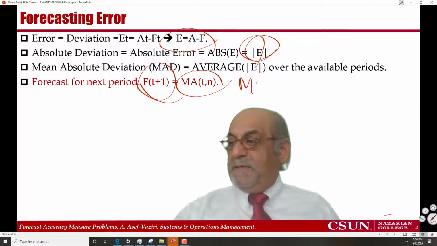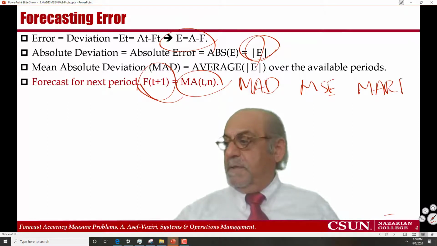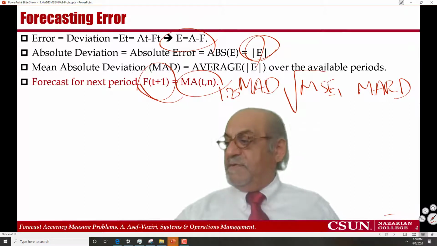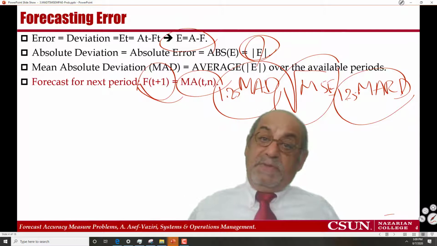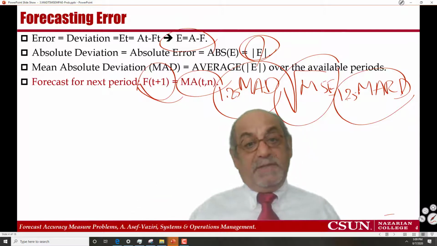And MAD, or MSE, or MARD: indeed 1.25 times MAD, or the square root of MSE, or 1.25 times MARD. These three can be used as the standard deviation of demand in the next period.